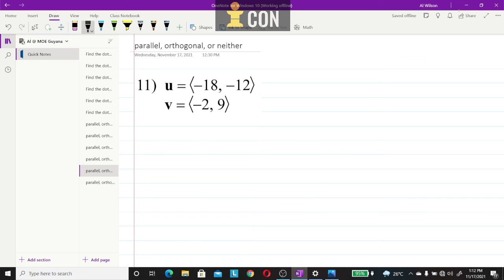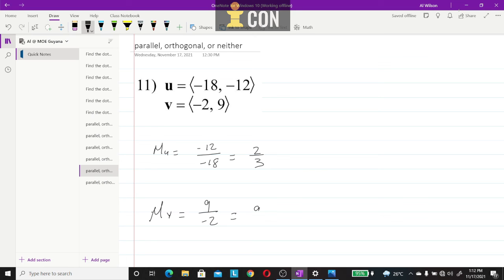Alright, just 2 more. For number 11, we have the magnitude of u, which is minus 12 over minus 18, which is 2/3. Let me write this bigger. The magnitude of v is equal to 9 over minus 2.